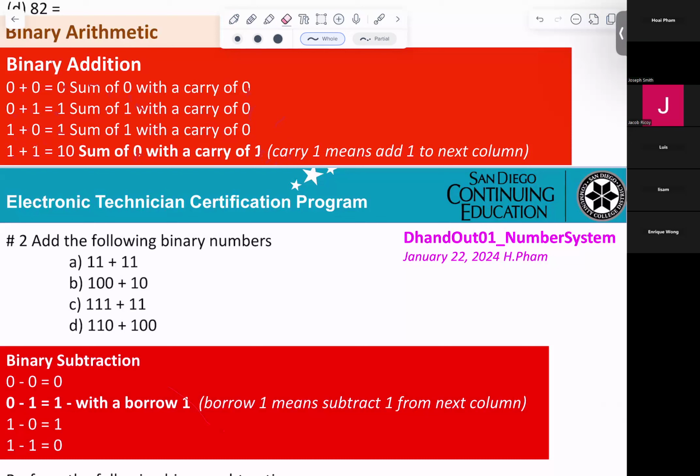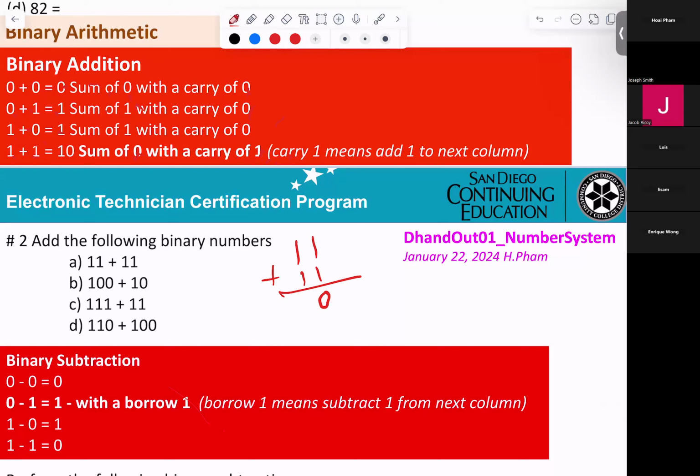And now they give you an example: 1, 1 adding to 1, 1. 1 add 1, it will be 0 to the next, to the left of 1. 1 add 1 is 0.